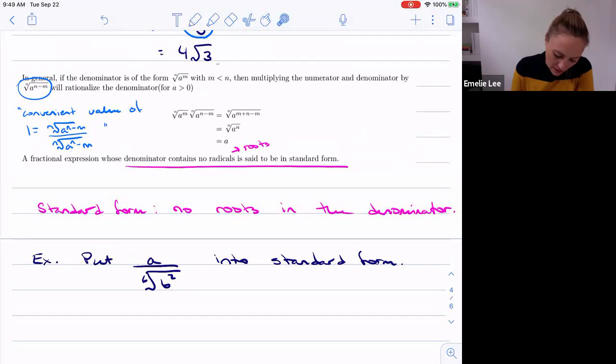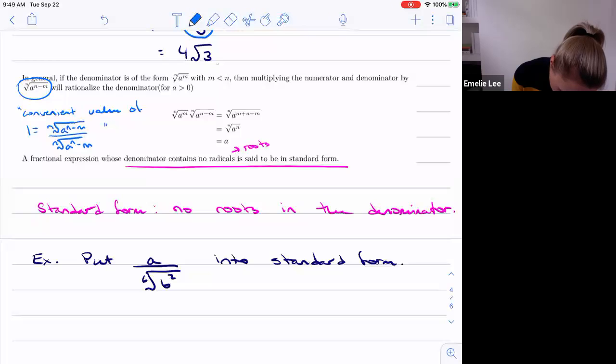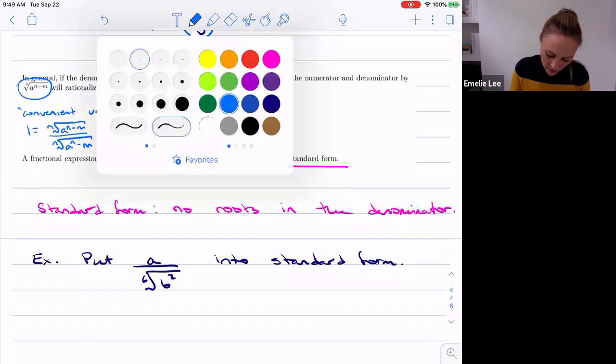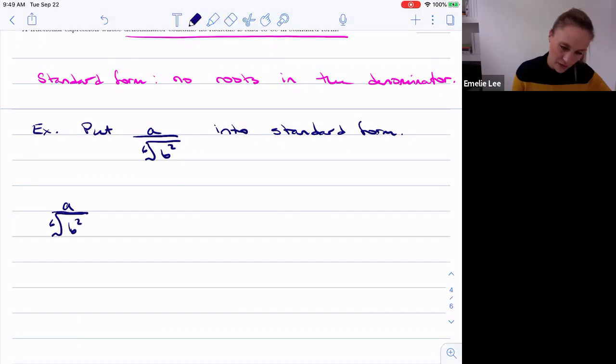Remembering that our convenient value of 1 is going to be the nth root of a to the n minus m. In fact, I'll extend this so it looks proper. So I'll let you give that a quick go on your own. And I'll start setting it up here. A over the 6th root, b squared.